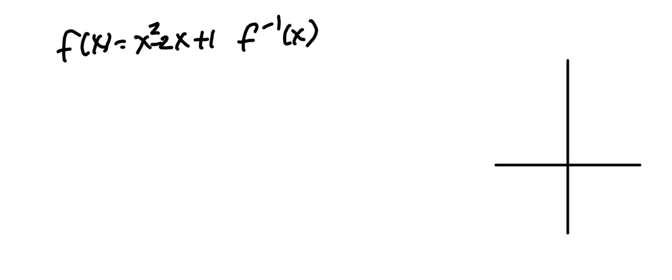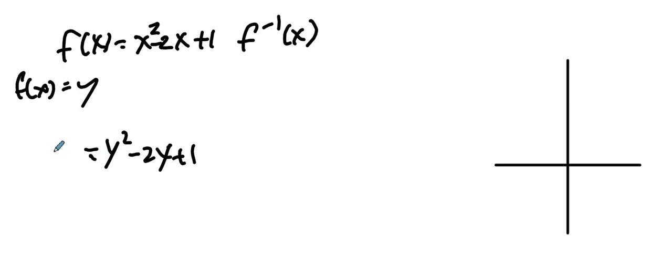So let's let f of x equal y, just for simplicity's sake. So y equals x squared minus 2x plus 1. So let's change y out for x. So let's realize something. Let's factor this out.